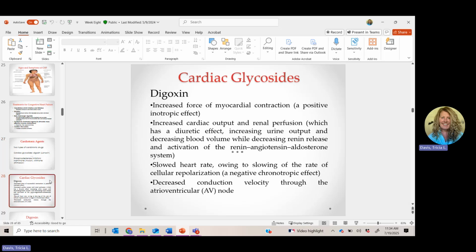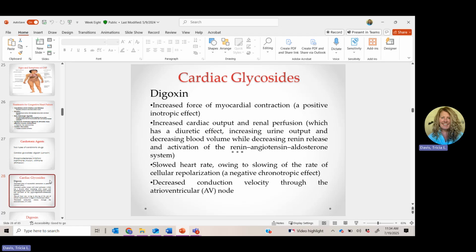So digoxin, you should know everything about digoxin. Digoxin works to increase the force at which the heart is contracting. We know this is going to cause an increased cardiac output and good perfusion to the kidneys, which will have a diuretic effect. It's going to increase our urine output, and it's going to decrease our blood volume because we're getting rid of sodium and water.